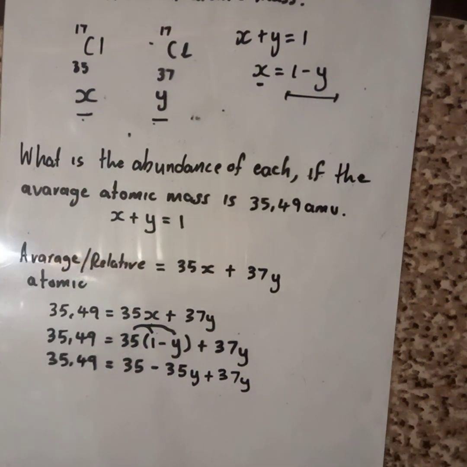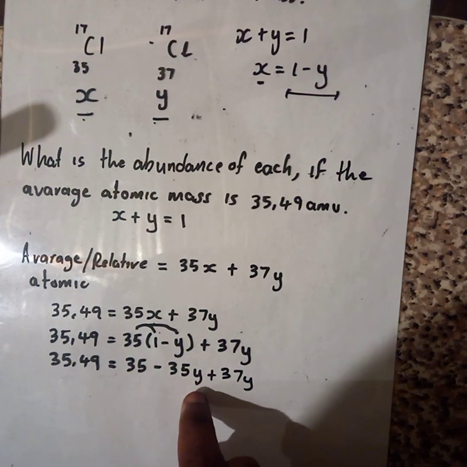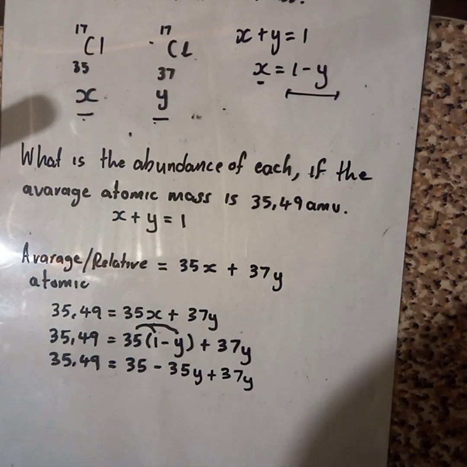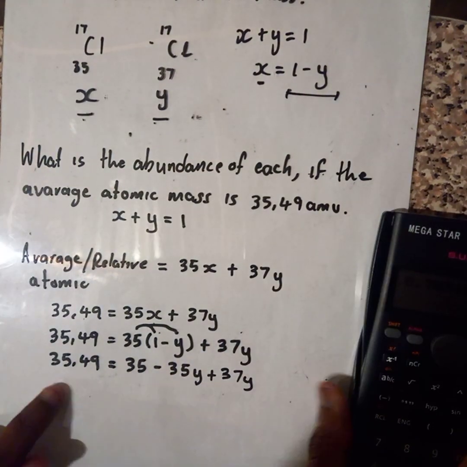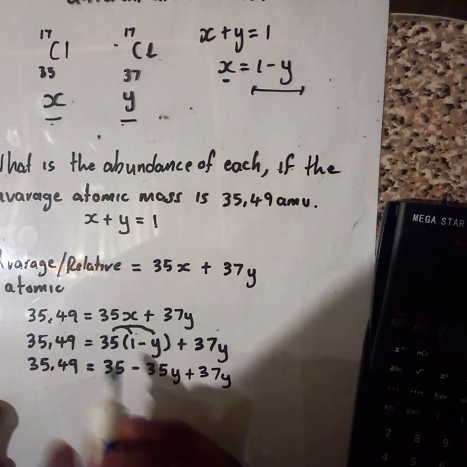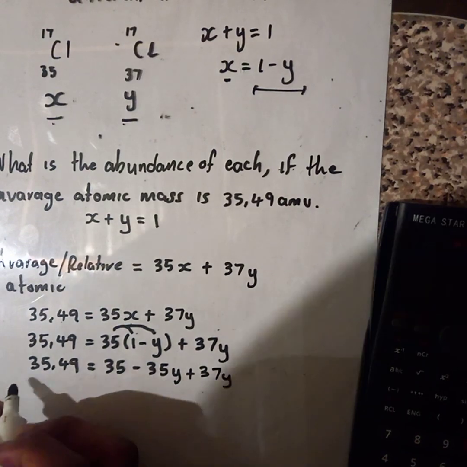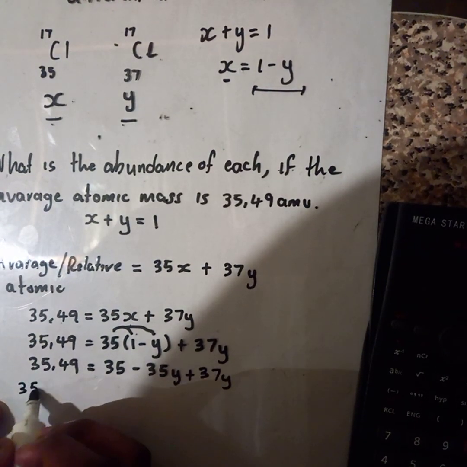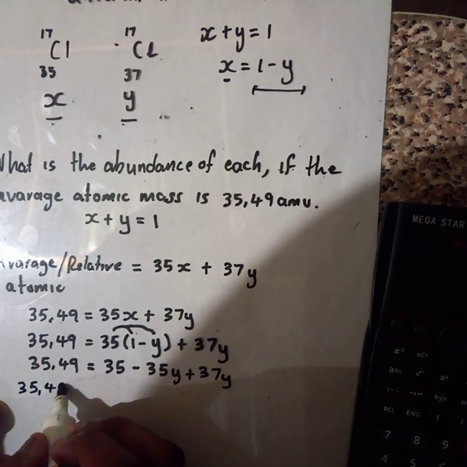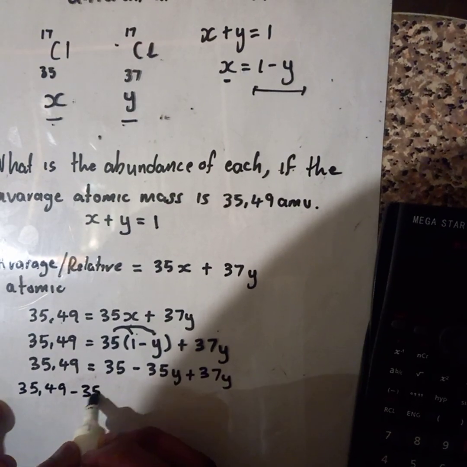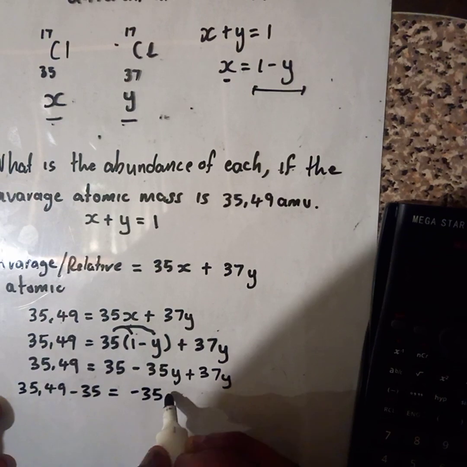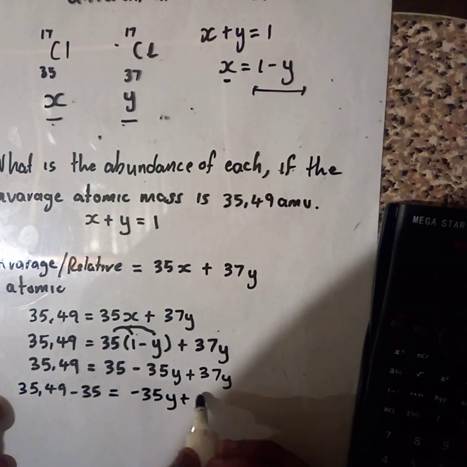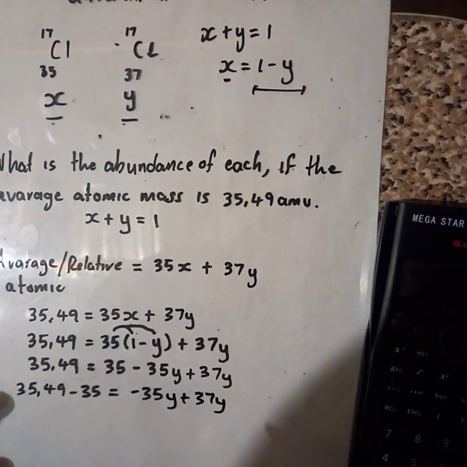At this point we only have one variable, which is y. Let us solve by taking 35 to the left hand side: 35.49 minus 35, and this side remains with negative 35y plus 37y.